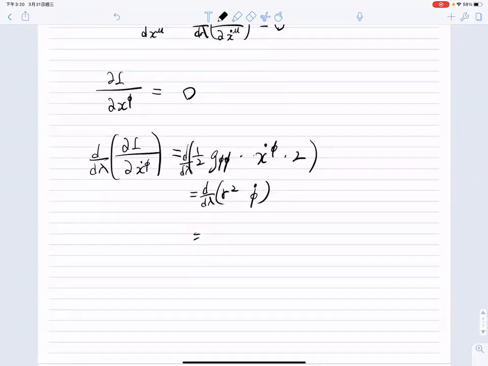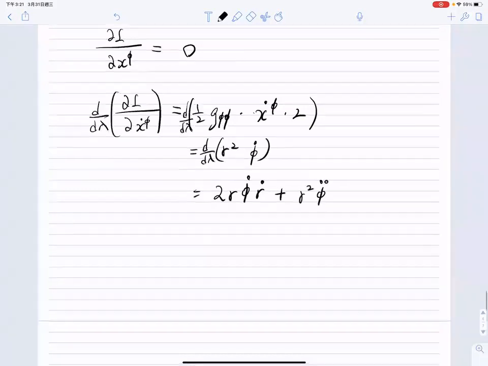And by the product rule, the r can vary with respect to lambda, and something comes out, plus r squared phi double dot.